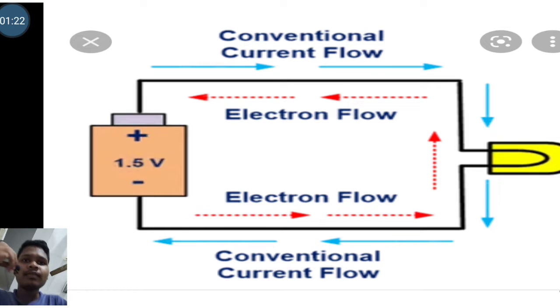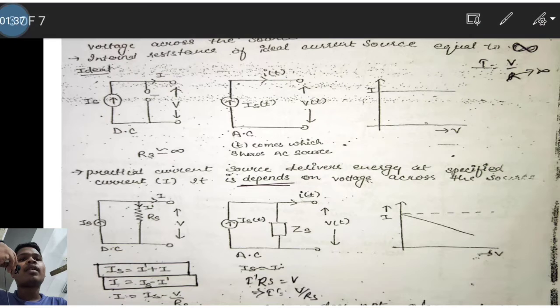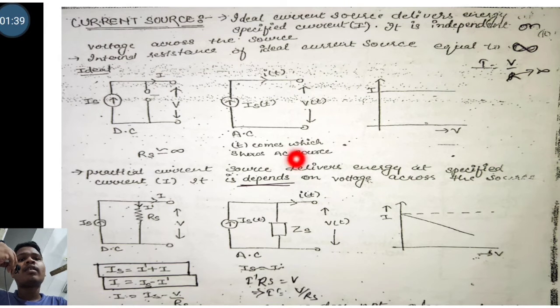Now see the ideal current sources. An ideal current source delivers energy at a specified current I, but it is independent of the voltage. The actual voltage or current sources deliver energy from the source to the load.